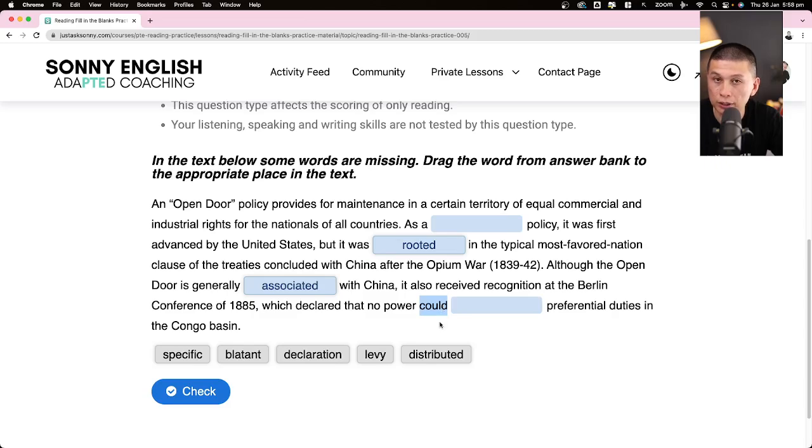Now let's see if the last one needs an ed. And this one has could. Right away, even if you don't know the grammatical rules, ask yourself, how would you use this word? If you were to use the word could, what is the very next word that you would say after could? Would you agree that it is a base verb.